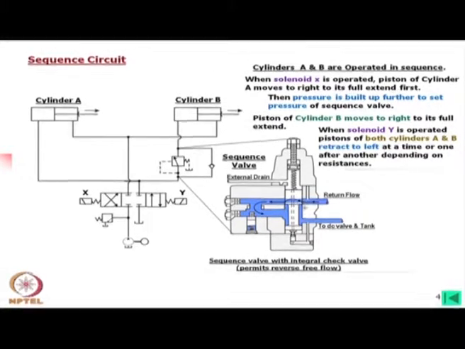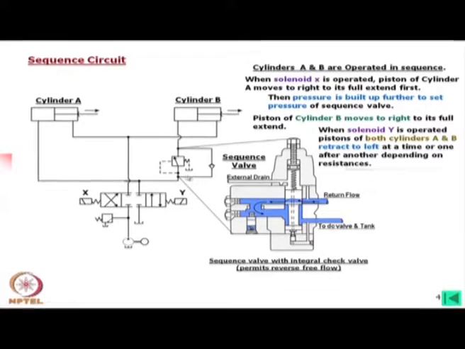Apparently in this position, the oil is bypassing this passage and going through this check valve. This is not very understandable in comparison to this, but actually for operating cylinder B, this spool has to open and then oil will go like this, and the path shown is the return path.